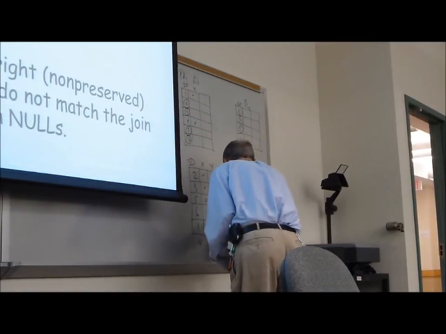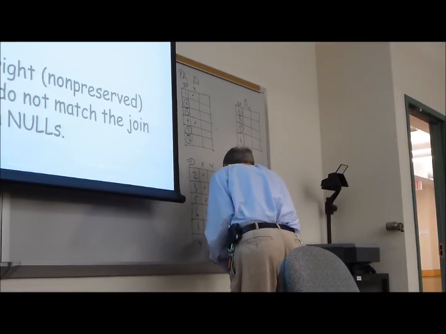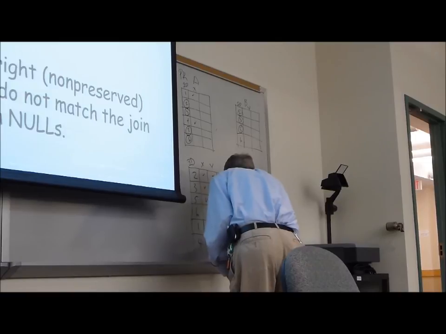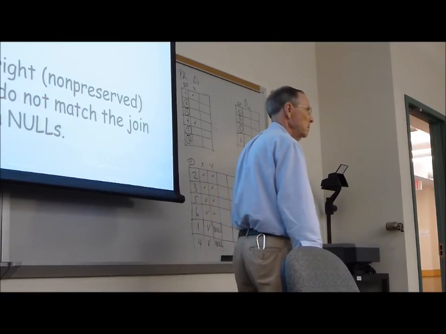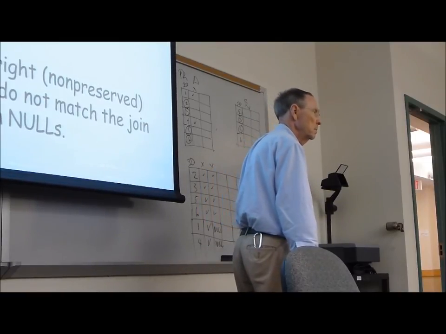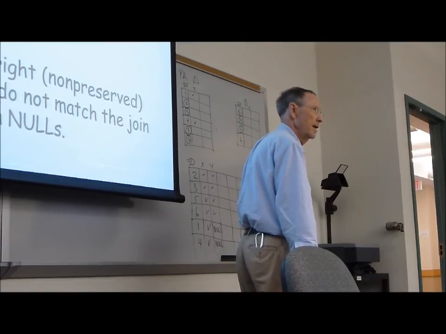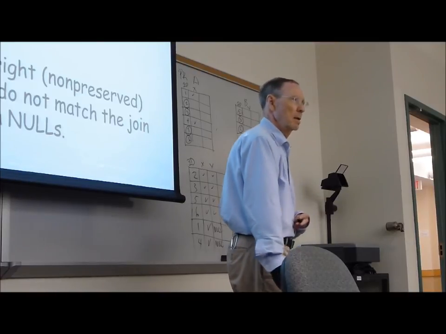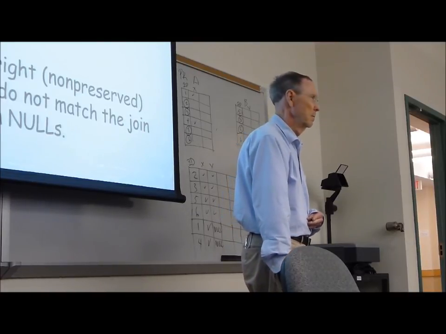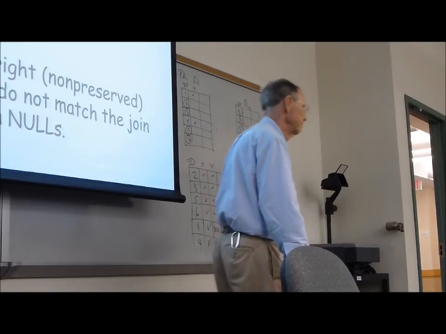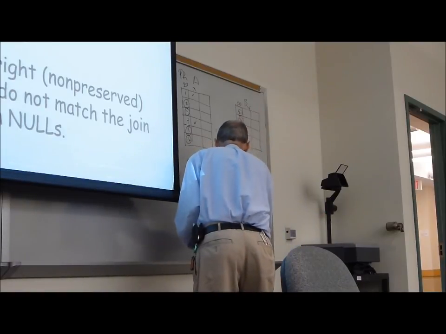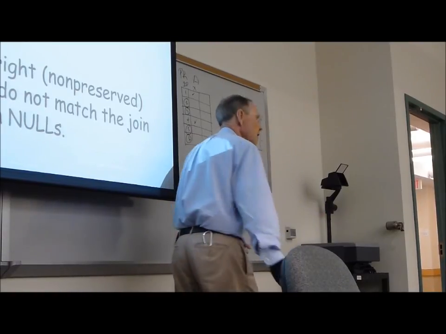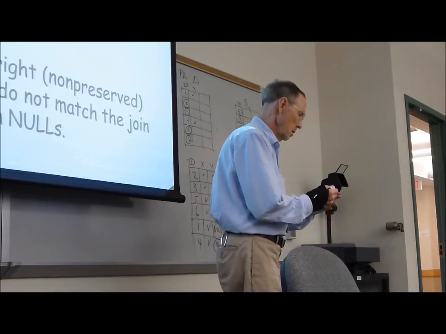So there will be NULL, NULL. Now you've got a clue as to where we're going to find the ones that don't have invoices: the ones that have null values in that column.